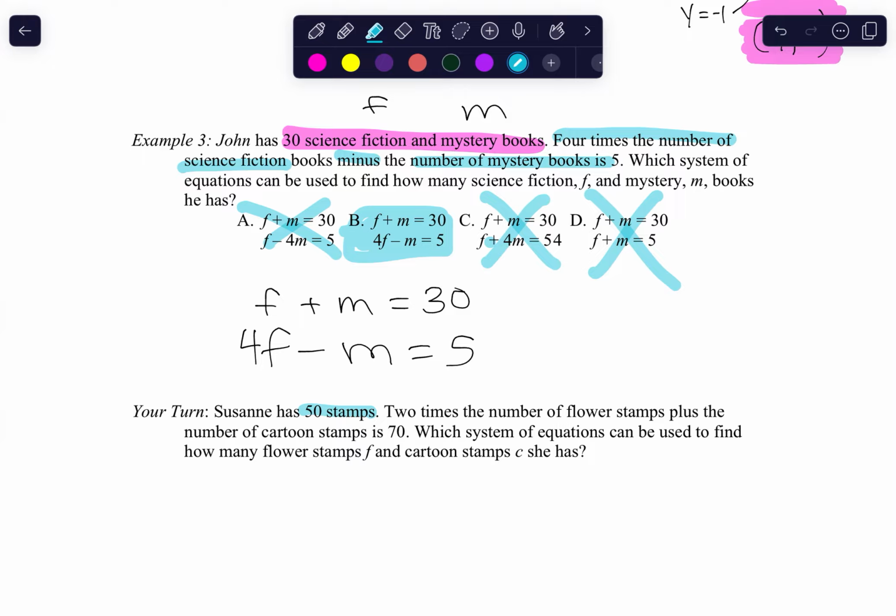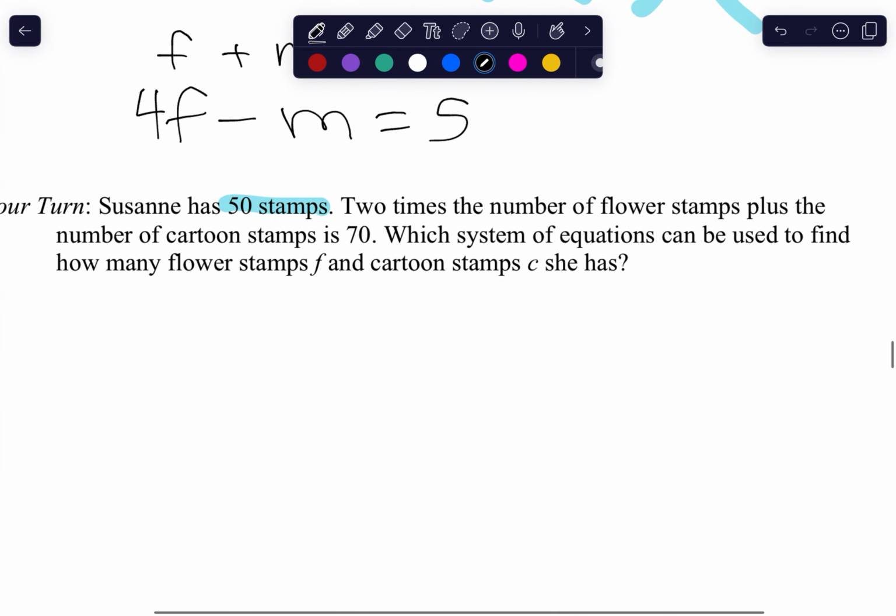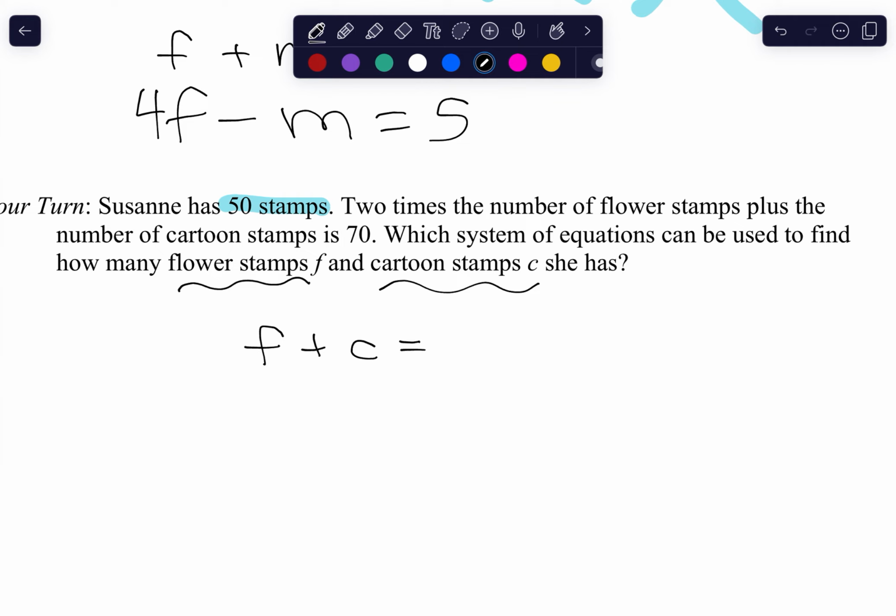All right, so Suzanne has 50 stamps. 2 times the number of flower stamps plus the number of cartoon stamps is 70. Which system of equations can be used to find how many flower stamps, F, and cartoon stamps, C, she has? So they didn't give us the options, or they did, and I deleted them so we could do our own. So she has 50 total stamps. We know her stamps are made up of flower and cartoon. So we have F plus C equals 50.